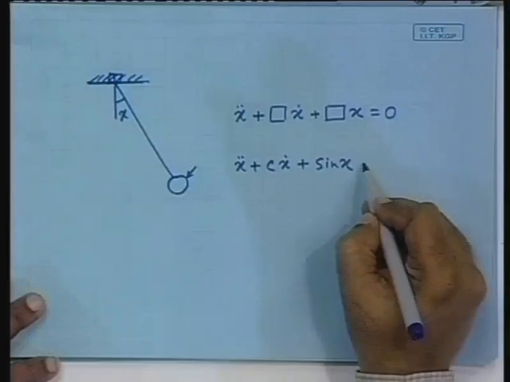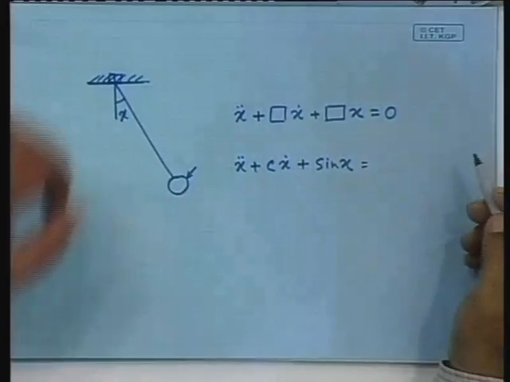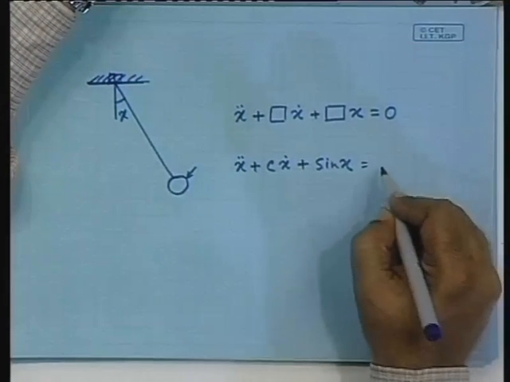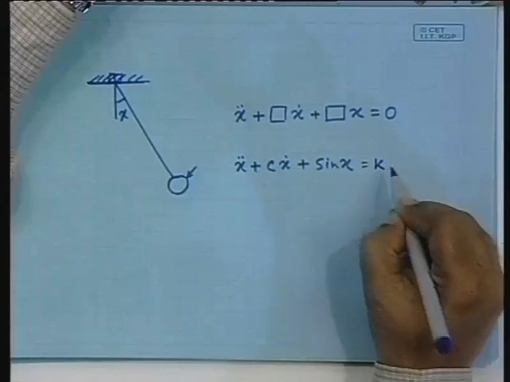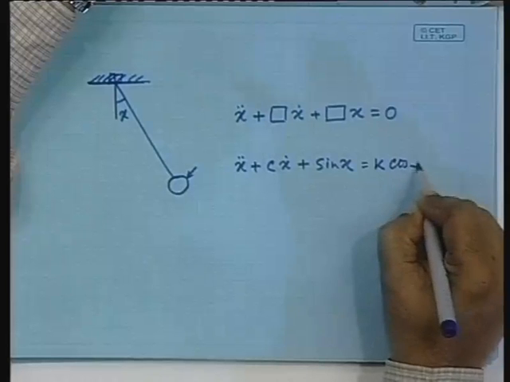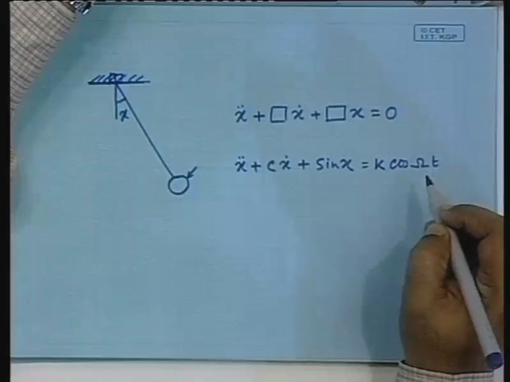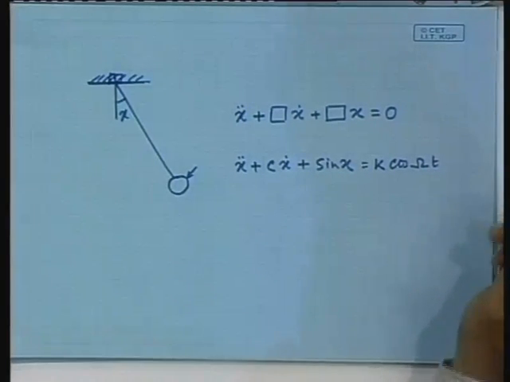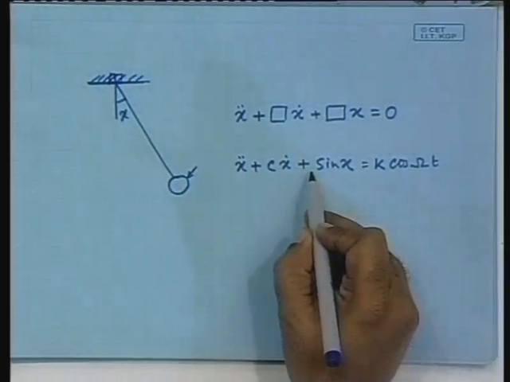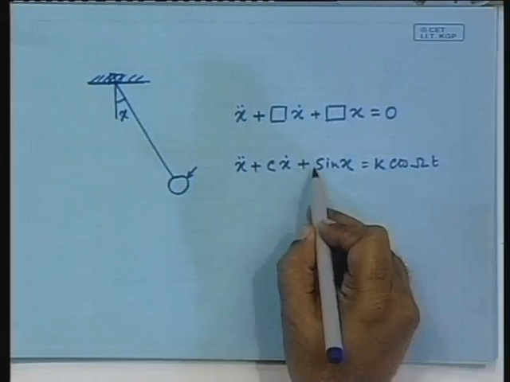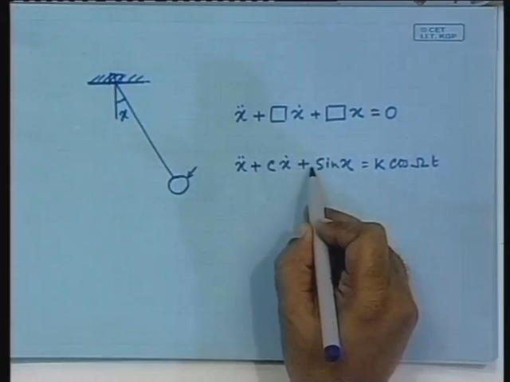and the forcing in the tangential direction can be a sinusoidal term. So, let that sinusoidal term be some amplitude k cos omega t. By the way, here there was a g by L term, which we have assumed to be unity.